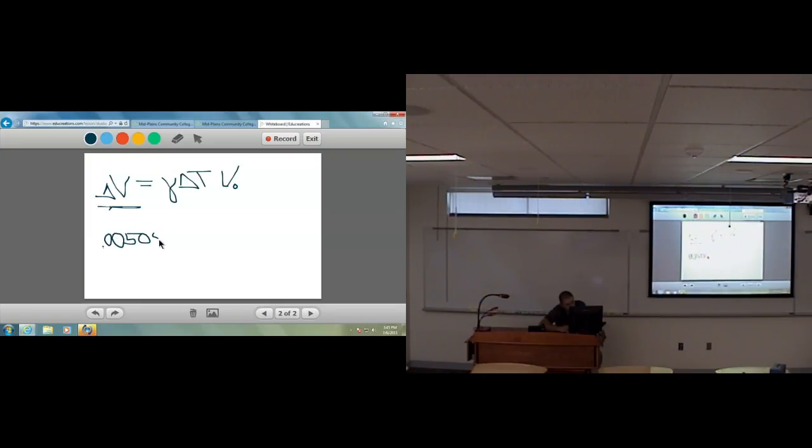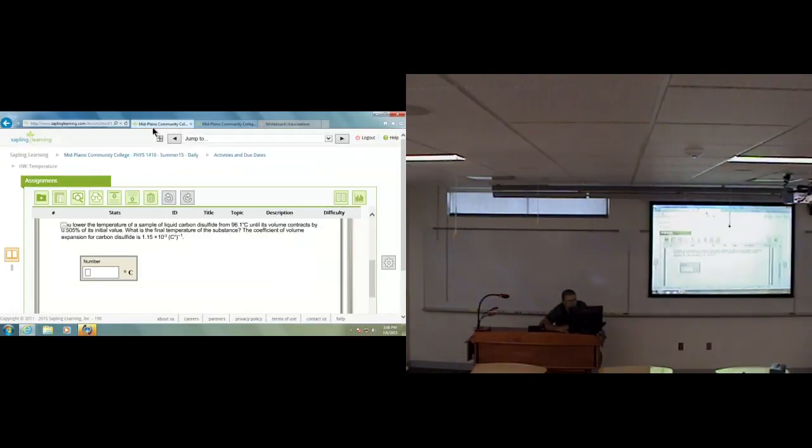That's 0.505% times what? Original volume. Times original volume equals gamma, which we know, and delta T, which we don't know.